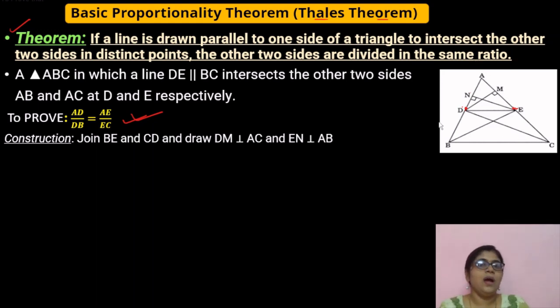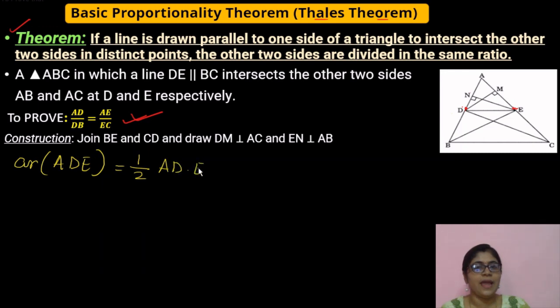Now, how will we prove this theorem? Let us consider triangles ADE and BDE. What is the area of triangle ADE? It equals half AD into EN.